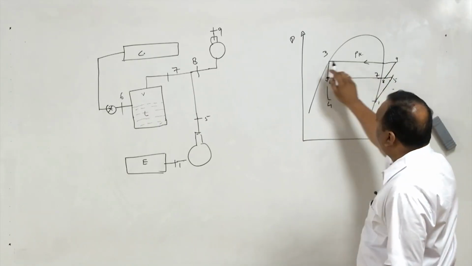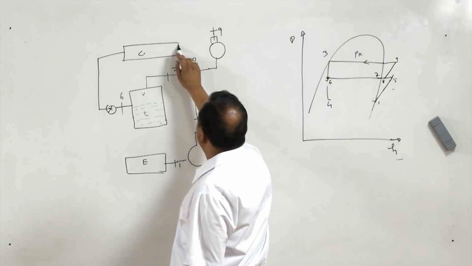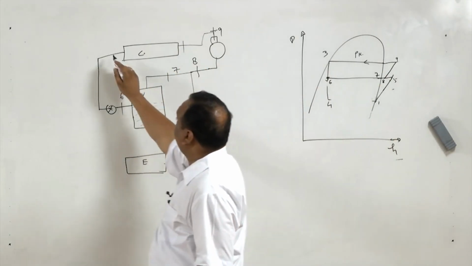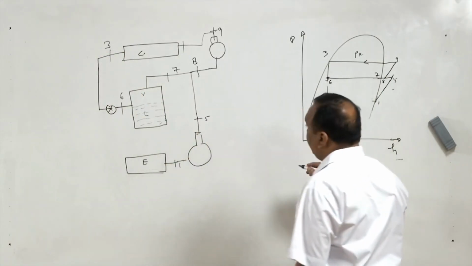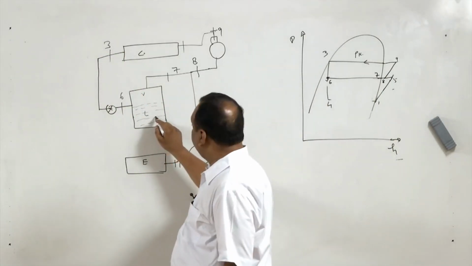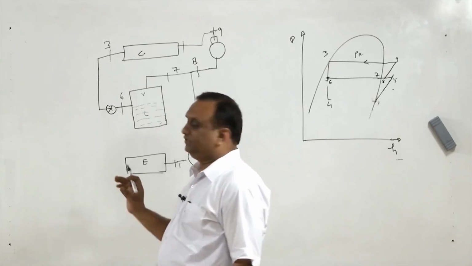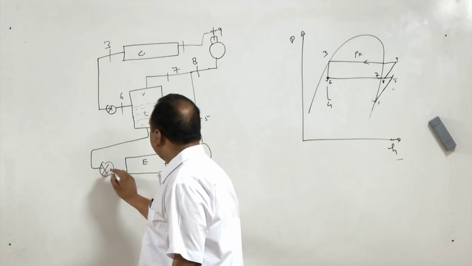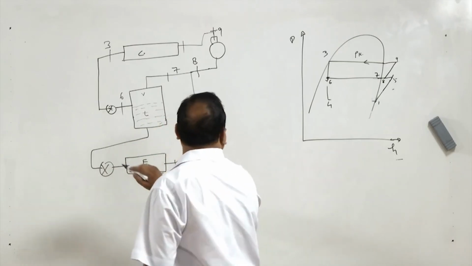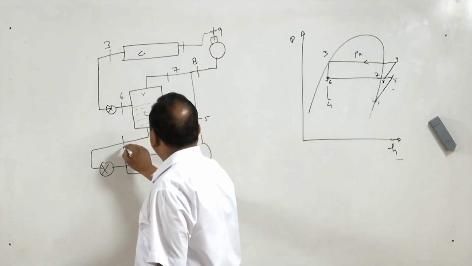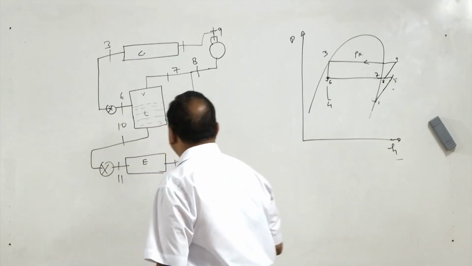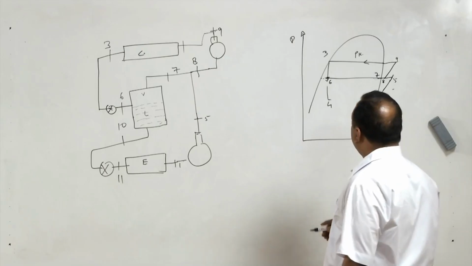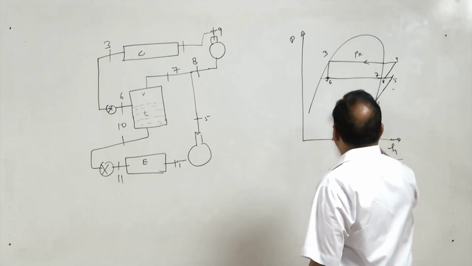After state 9, it will go straight to the condenser and it will be condensed to state 3. And the remaining refrigerant available in the flash chamber, the liquid refrigerant, will go to the evaporator, and it will be expanded there.